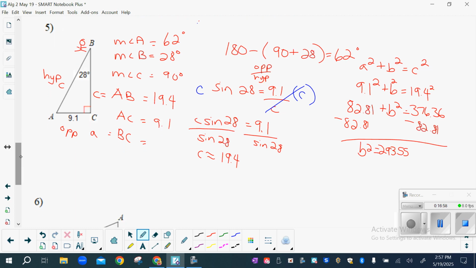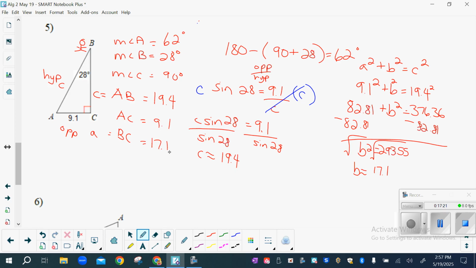Square root both sides. We get about 17.1. And then we've solved our triangle. So yes, this one takes a lot. There are a lot of steps because there are a lot of parts to it.